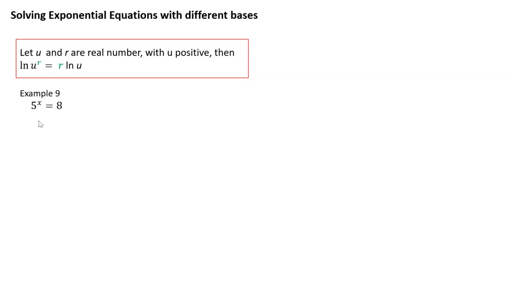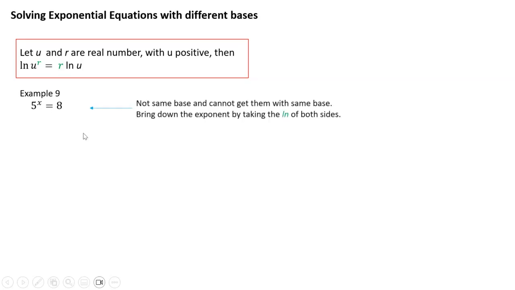Well, you know what, guys? You can go straight to this property here. You don't have to try to find the common base if you don't want to, unless your instructor specifically says to solve by using the same base. It's up to the instructor. But with my courses, I'll let them do it any way they want, as long as they show me the work.